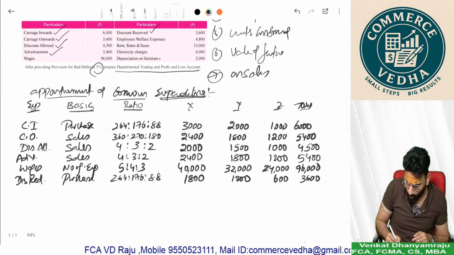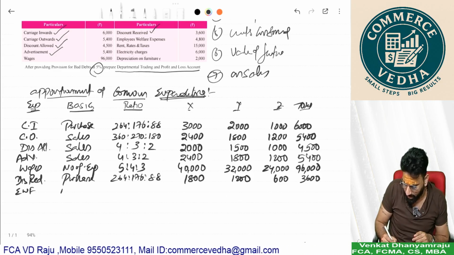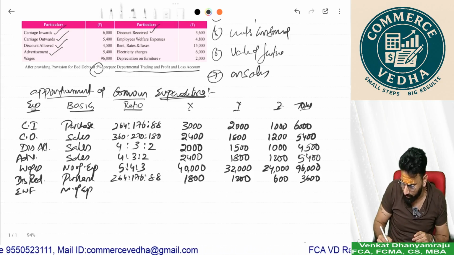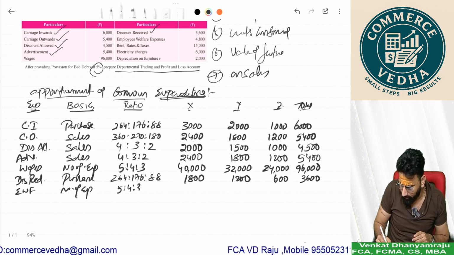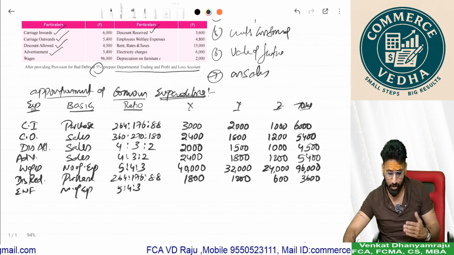7. Employee welfare expenses. Again, number of employees, we can use the ratio 5 is to 4 is to 3.